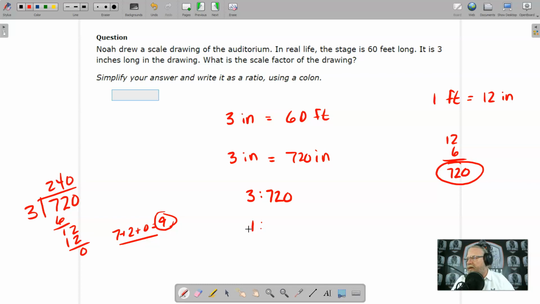I still have this 0 here, so 240. So 720 divided by 3 is 240. I got from here to here by dividing both values by 3, because 3 and 720 are both divisible by 3. So it simplifies to 1 is to 240.